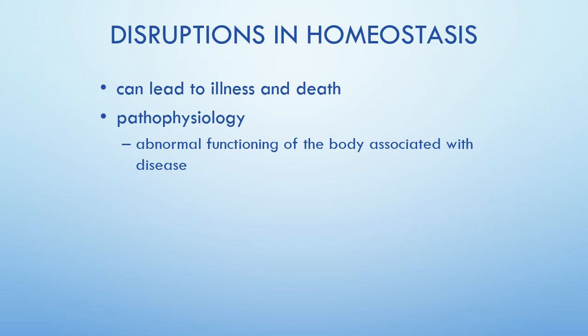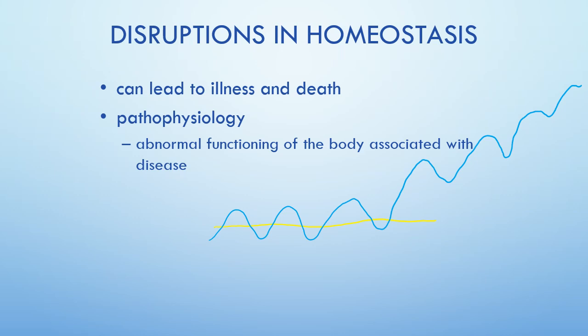If something disrupts that homeostasis, if something causes that process to become disrupted, whether it's a positive feedback loop or a negative feedback loop, but usually with negative feedback loops, if we have our baseline there and we're going up and down and up and down, and then all of a sudden things start to creep up and up and up, and we can't quite get them down anymore, and they're going further and further elevated, this can lead to pathophysiology.